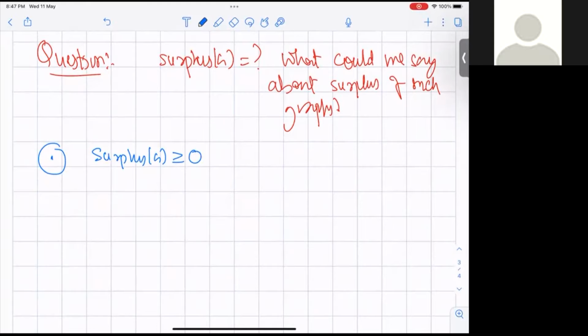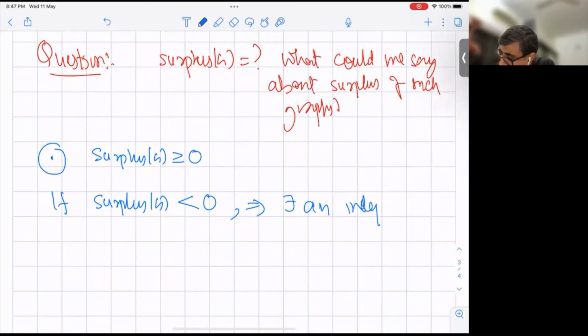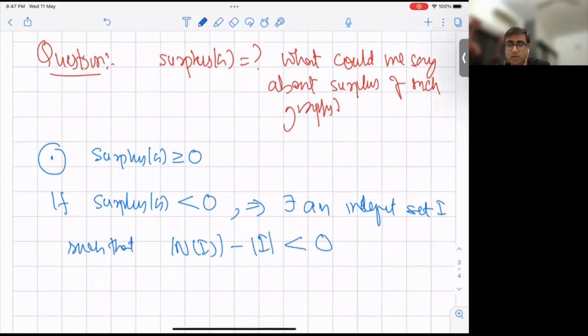If surplus of G is less than or equal to 0, it implies there exists an independent set I such that the neighborhood of I minus I is negative. Just by definition. Is that okay?